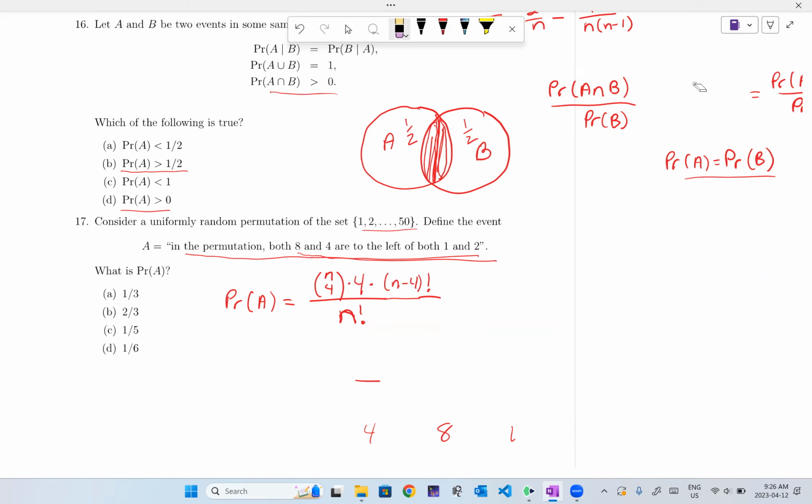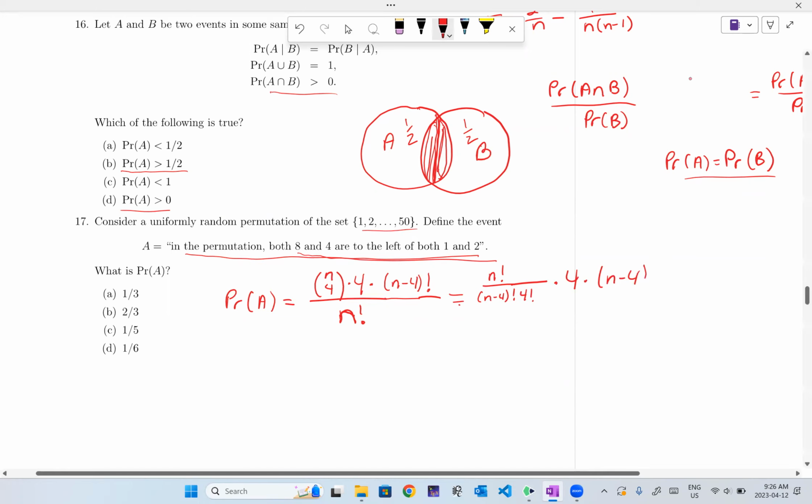You would plug that into your calculator, but I'm going to say n choose 4 is n factorial over 4 factorial times n minus 4 factorial, times 4 times n minus 4 factorial, all of that over n factorial.